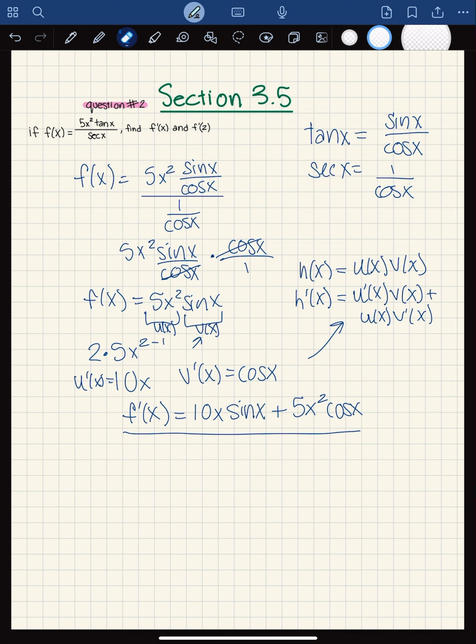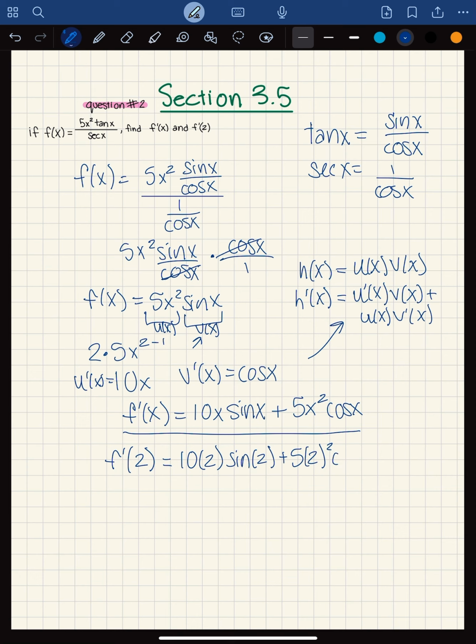And then just to get f prime of 2, you just plug in 2 to all the x's. So 20 sine 2 plus 20 cosine 2.